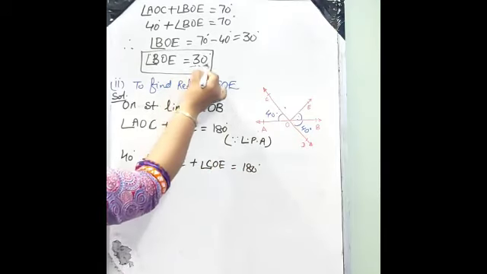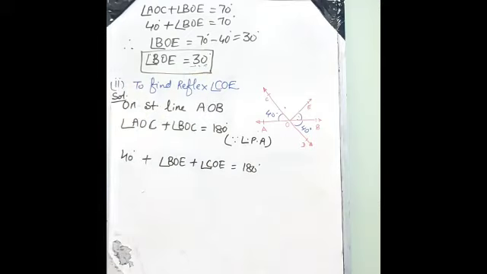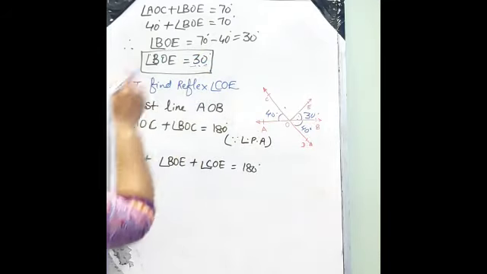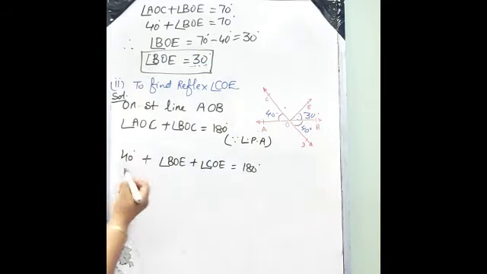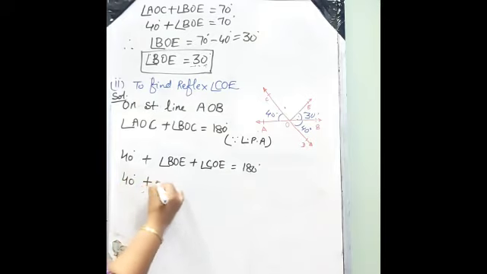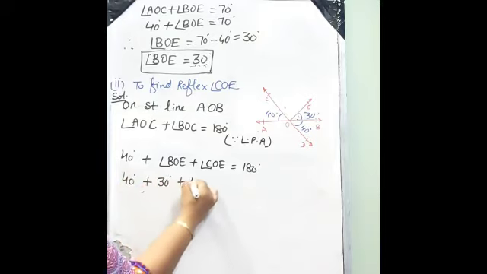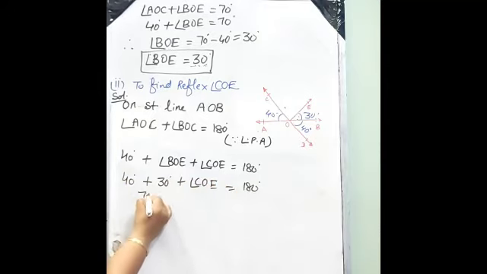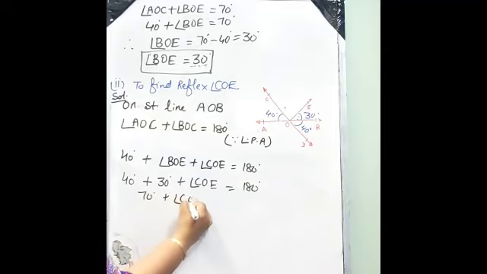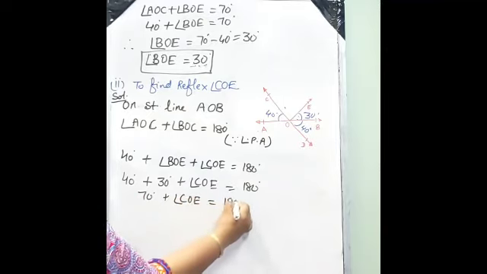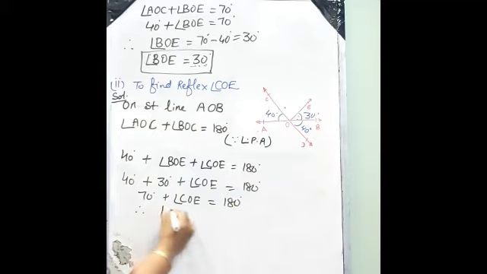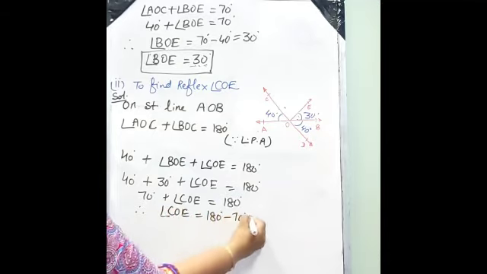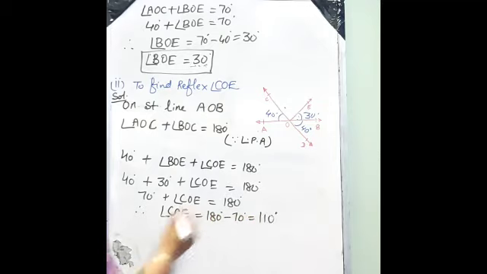And we know that angle BOE equals 30 degrees, we have just proved in the first part. 40 degrees plus 30 degrees plus angle COE equals 180 degrees. 70 degrees plus angle COE equals 180 degrees. Therefore, angle COE equals 180 degrees minus 70 degrees equals 110 degrees.